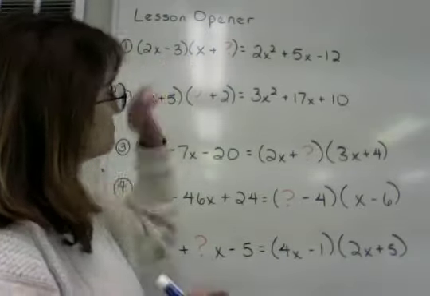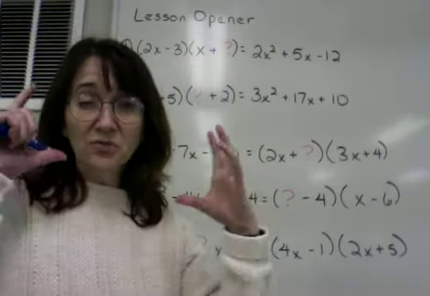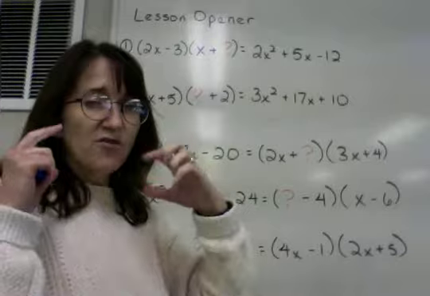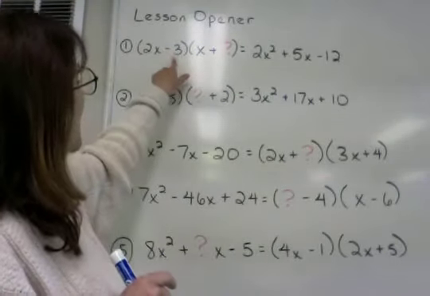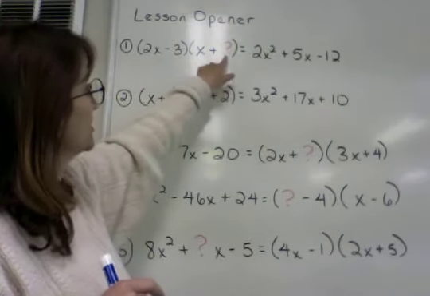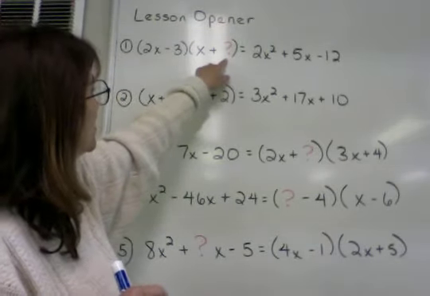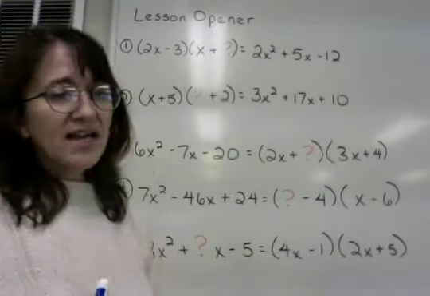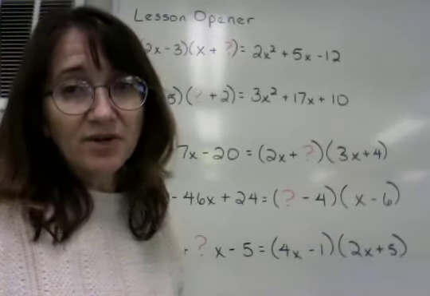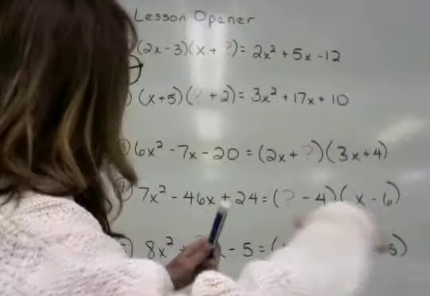Well, if my last term ended up being negative 12, then one term was negative 3, what would I have put there in order to get a negative 12? You all could probably figure that one out. That one is where you need a 4.